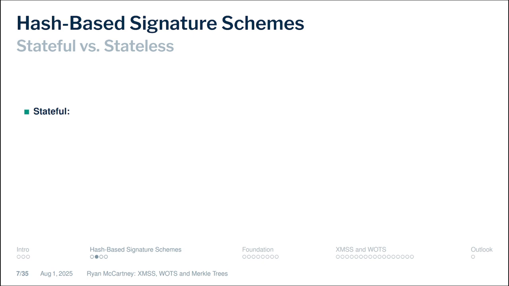Hash-based signatures are principally divided into two kinds: first the stateful and secondly the stateless signature schemes. The stateful signature schemes have to keep track of an internal state, which means that if you forget to update this state, you compromise on security. In particular, we use one-time signatures, and as the name already tells, you should only use them one time to sign one thing.